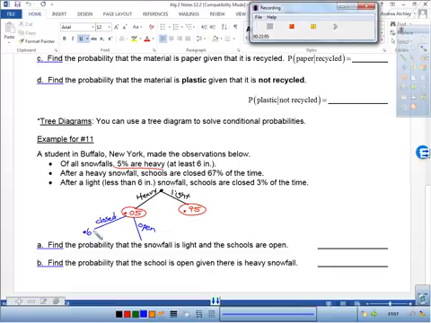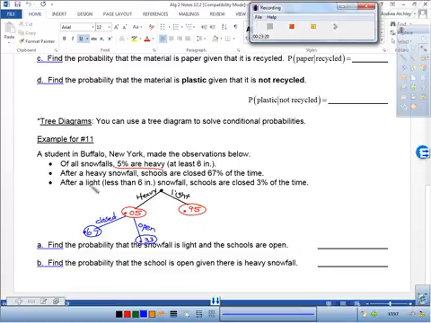So 0.67. Okay, this is 33, so this is 0.33. Any questions on how I got that? Because 33 plus 67 gives you 100. Any questions?